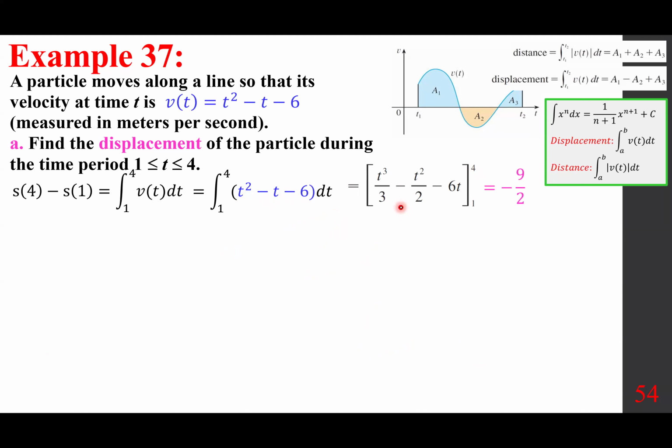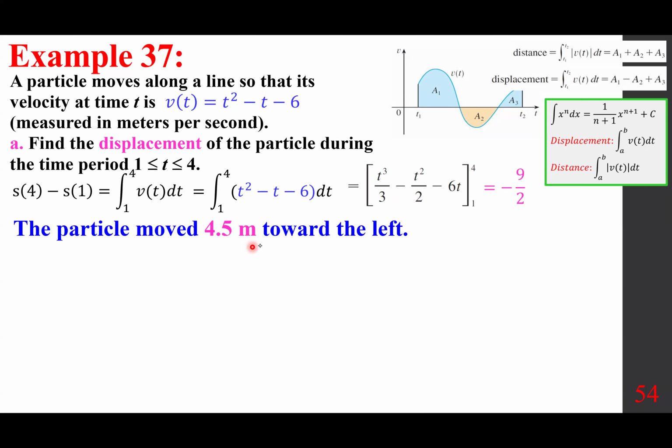So displacement can be negative or positive. Okay, so if you have a direction, to the right is positive, to the left is negative, so displacement can be anything, but distance is always positive. And now we want to find the distance. So the particle moved 4.5 meters towards the left.